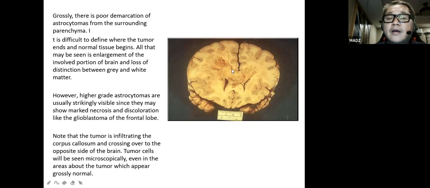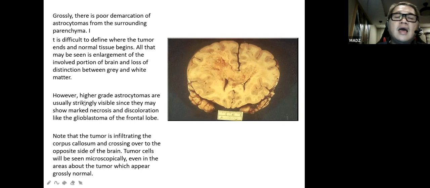So you see it here. The size is enlarged, but you can see the demarcation, and you also see that normally you have a gray and white matter interface, but here it is absent. The gray and white matter distinction is lost.